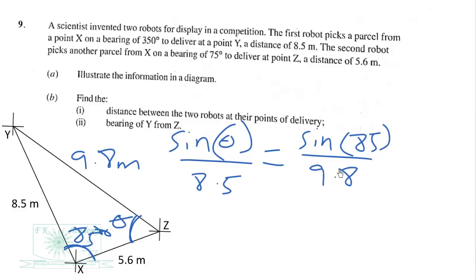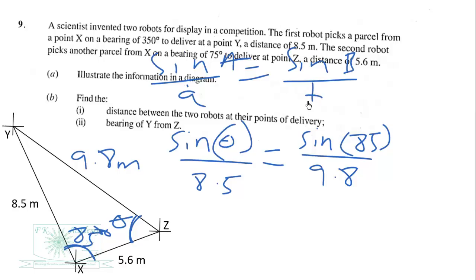So that is the sine rule for you. Sine A over a is equal to sine B over b, or sine C over c. So that is what we are using here.